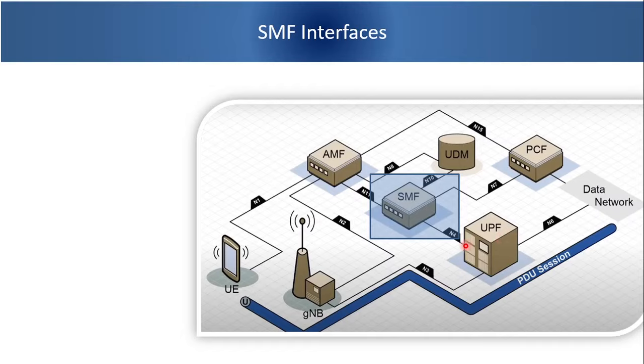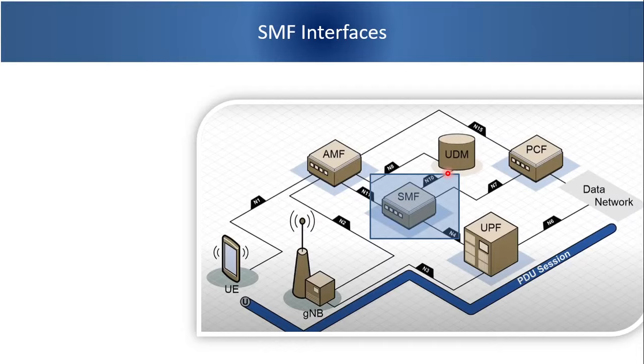So it has a reference point connection called N4 with the user plane function. It takes commands from the AMF, so it's connected on the N11 interface, and it also takes data from the UDM, because the UDM contains the subscriber profile.